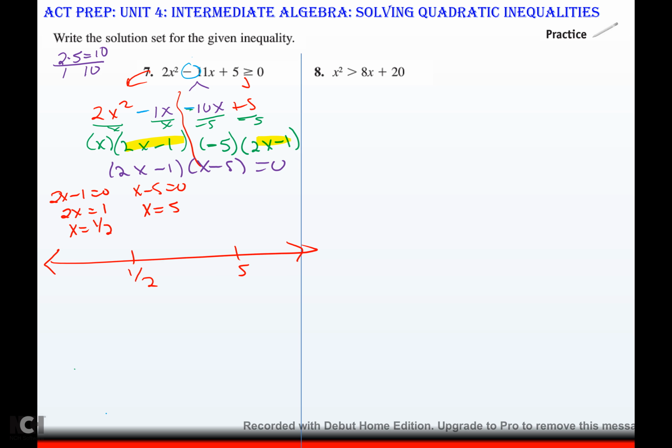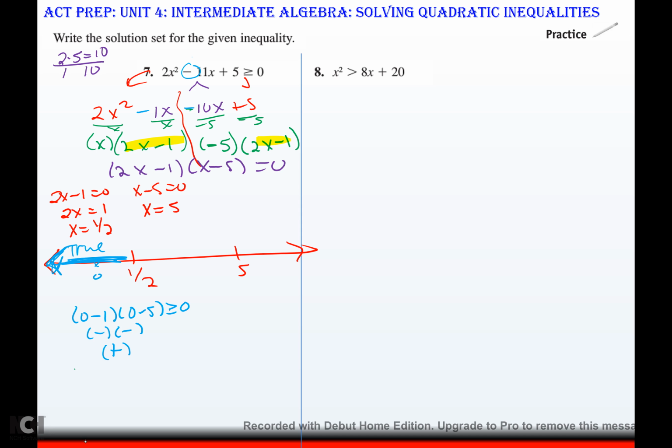Test. Pick something less than 1/2, like 0. So I'd have 2 times 0, which is 0 minus 1, and 0 minus 5. And then I'm looking to see if that's greater than or equal to 0. Well, that's going to be a negative, and that's going to be a negative. And a negative times a negative is a positive, which is always greater than 0. So this is true.